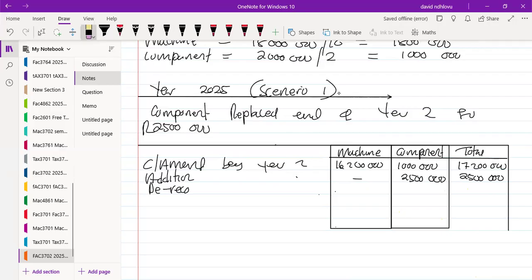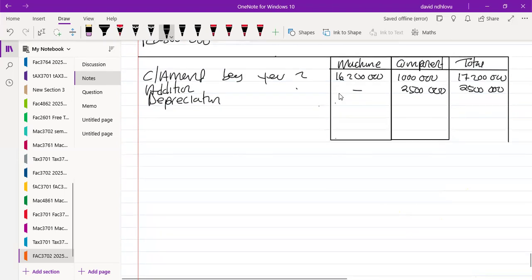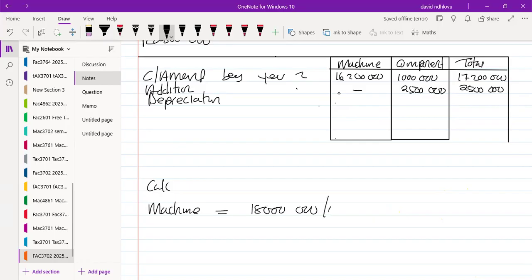Right, but before we go to derecognition, maybe let's go to depreciation first. To calculate the depreciation for the machine, nothing changes. Remember, it's the straight line method, 18 million. We still divide by 10, we get 1.8. So that calculation would still be the same.